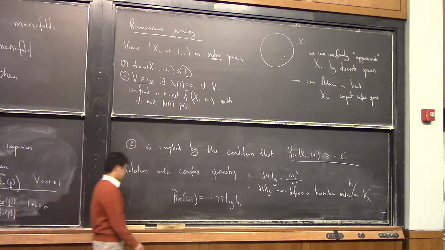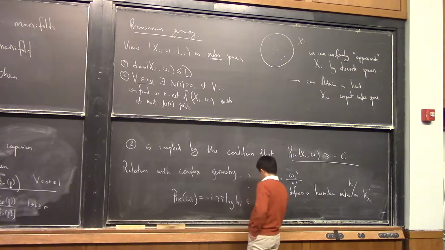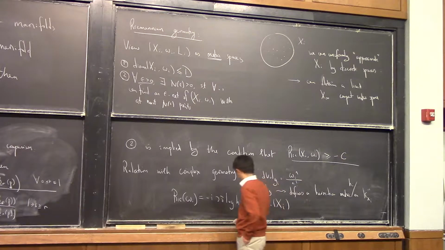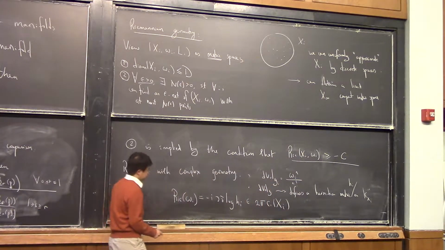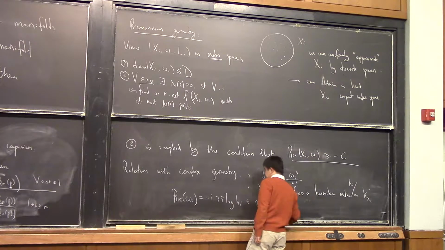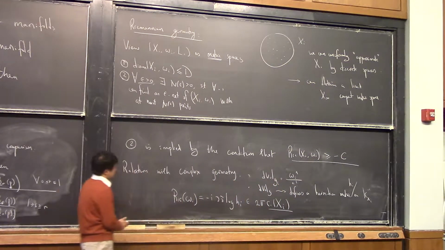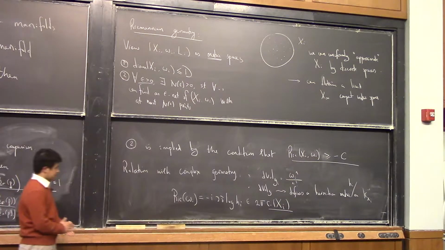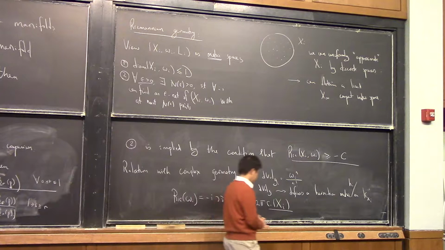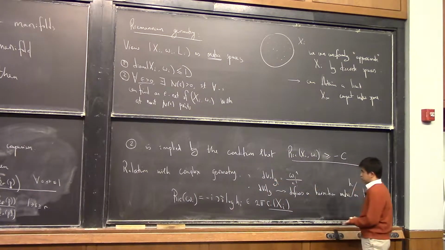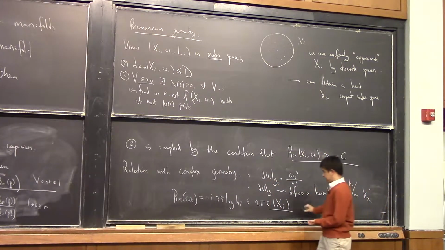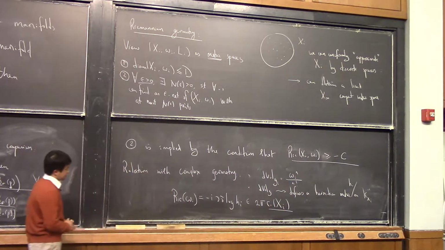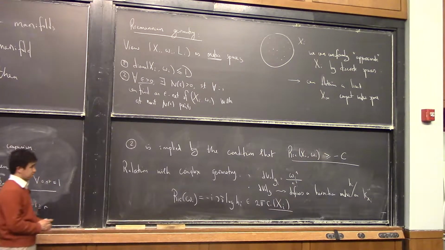And this we know is exactly related to the first Chern class of Xi. This is one of the most fundamental objects in algebraic geometry. So if we want some condition about Ricci curvature, that's some information on the first Chern class of the complex manifold.